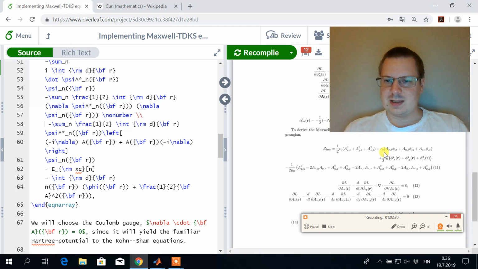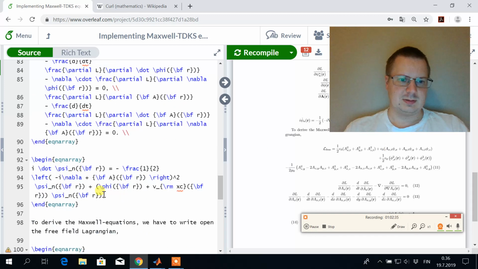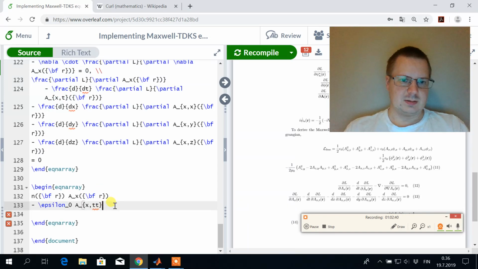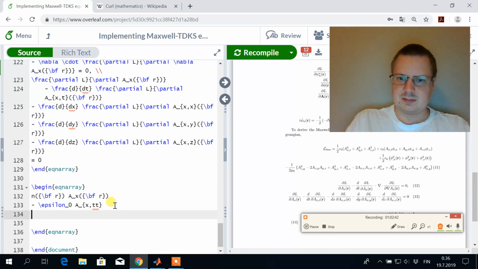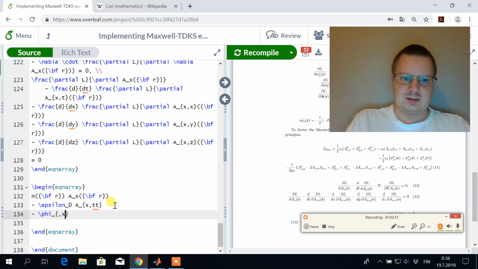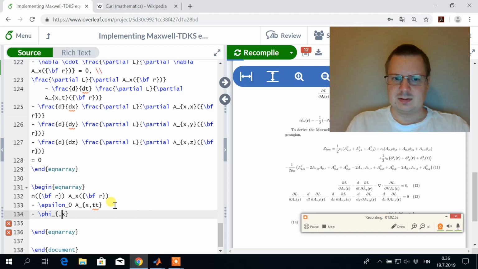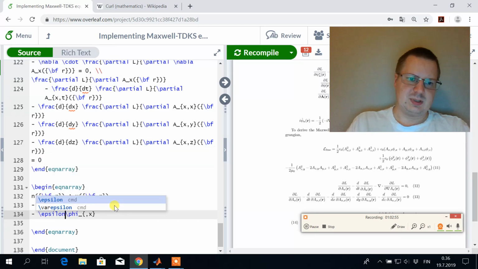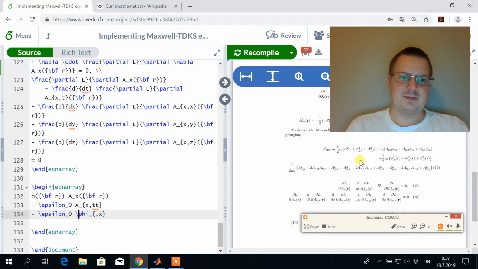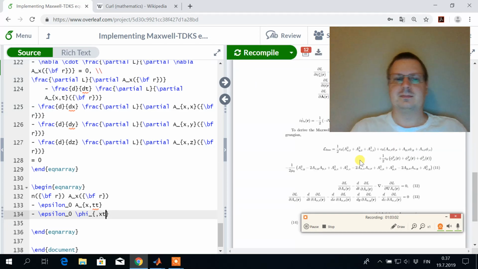So now we get epsilon 0 phi and x. So we get minus, then we get phi or x and epsilon 0, and then we take the time derivative t, so that we get phi xt.